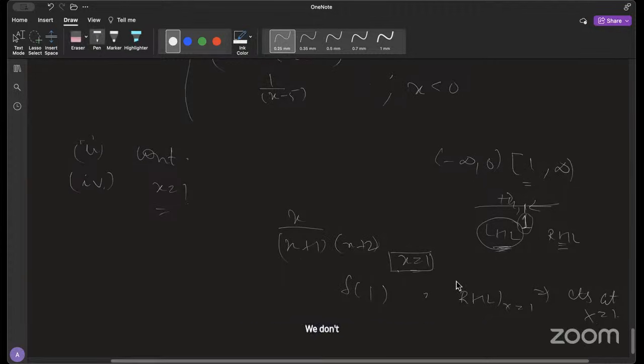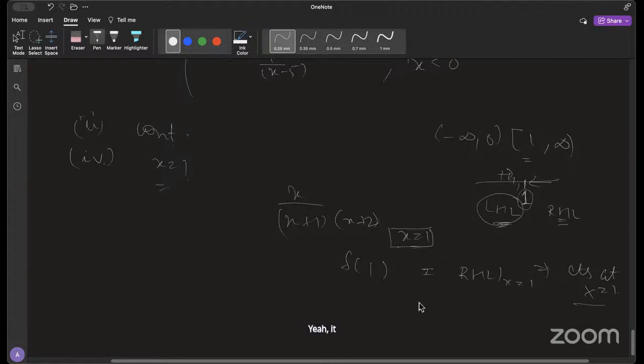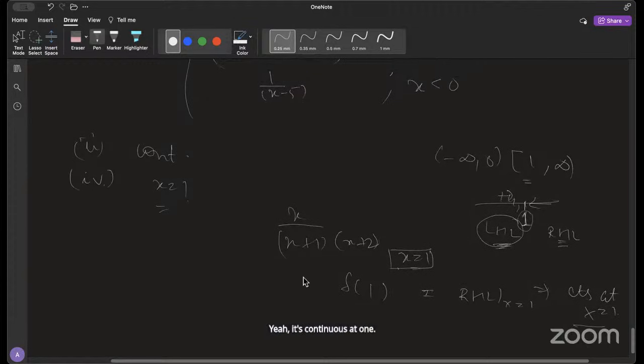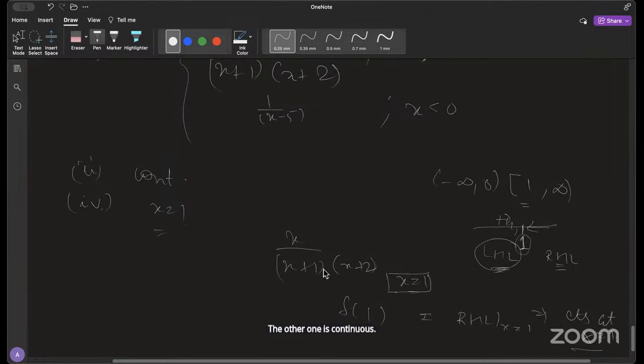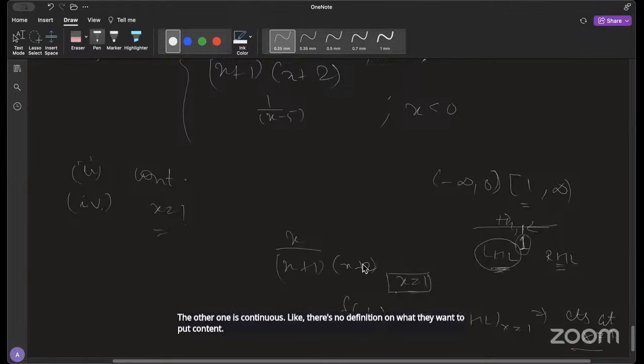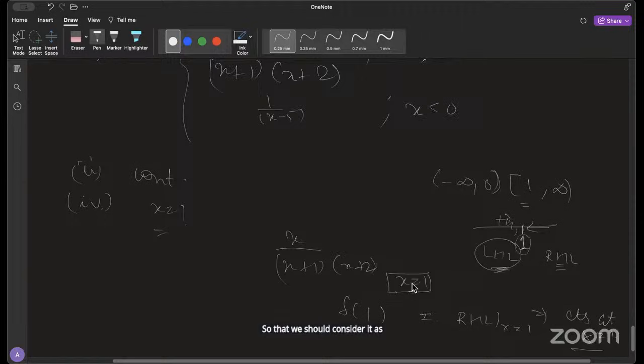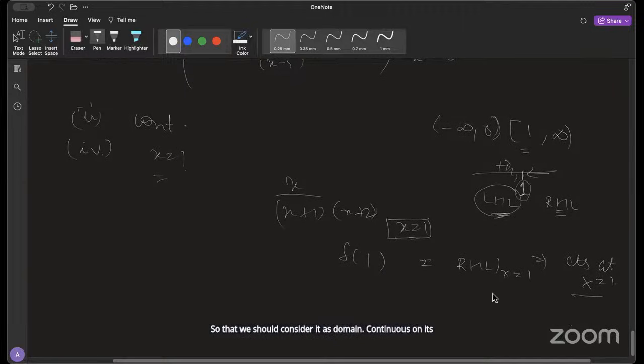We don't say that it doesn't exist. We say that the concept of left hand limit is not valid here. For the function, then it is continuous at 1. Yeah, it's continuous at 1. And if there's no definition on what they want, we should consider it as continuous on its domain, option 2.